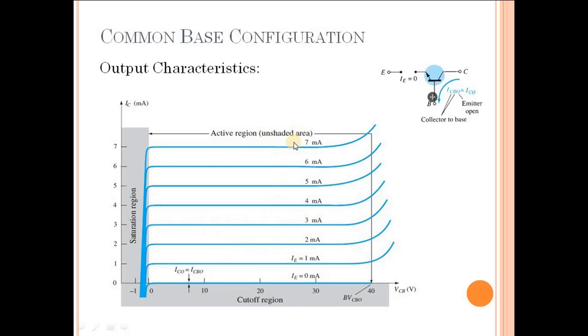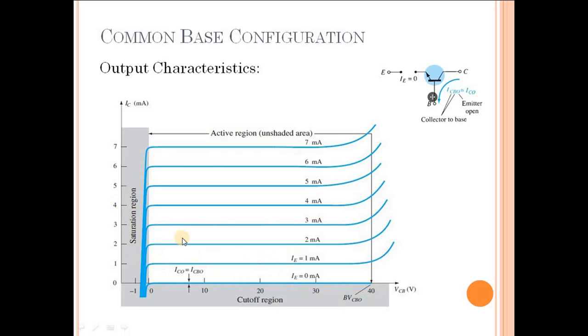So for every value of IE, we have a corresponding curve which shows, for that value of IE, how the IC changes when we change the VCB. By keeping a certain value of IE constant, we can check how IC varies when we increase the VCB values.